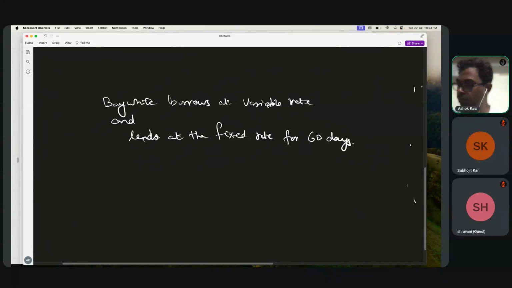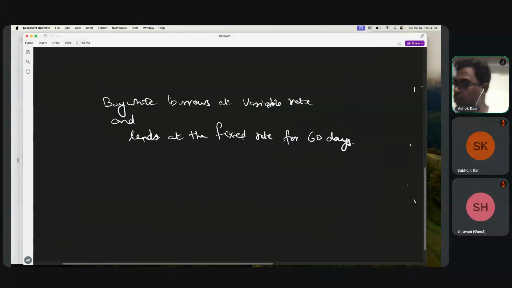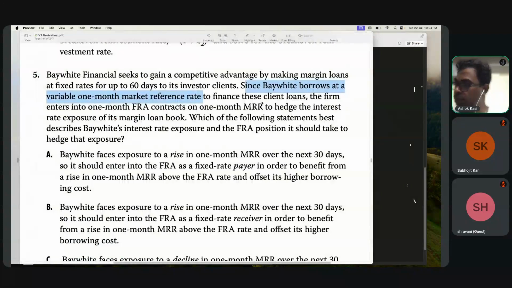Baywhite borrows at a variable 1 month market reference rate. So it borrows at the 1 month market reference rate to finance these clients. The firm enters into 1 month FRA on 1 month MRR.